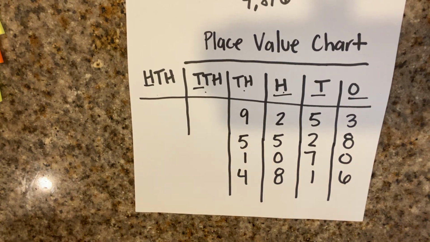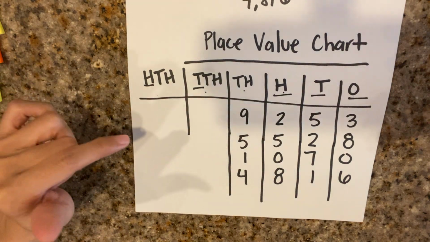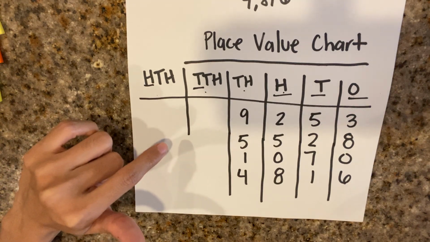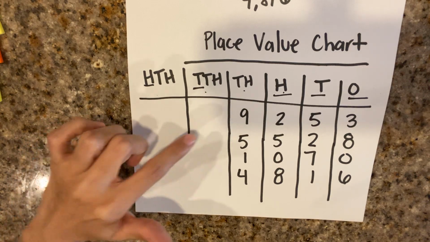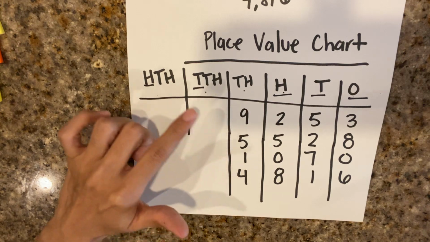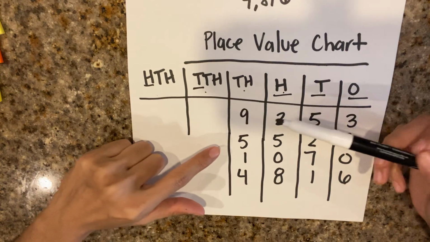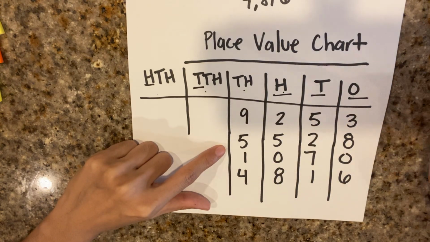Now, looking at our numbers, we always start comparing from one place value, and then we just go ahead, move on down. So we're going to start off with our highest one, which is on this side, which would be our thousands place. So looking at our thousands place, we can see the digit here that is the highest would be 9.